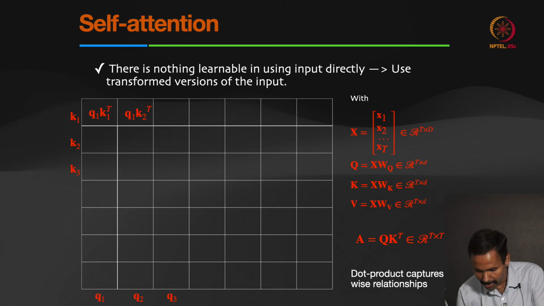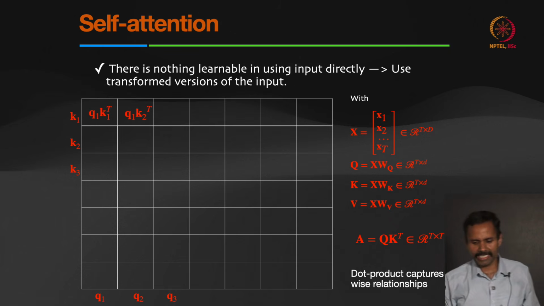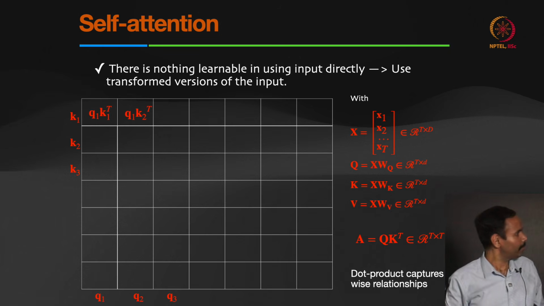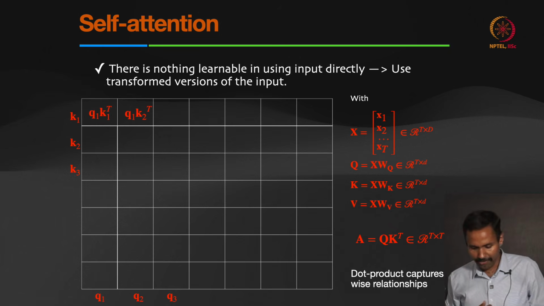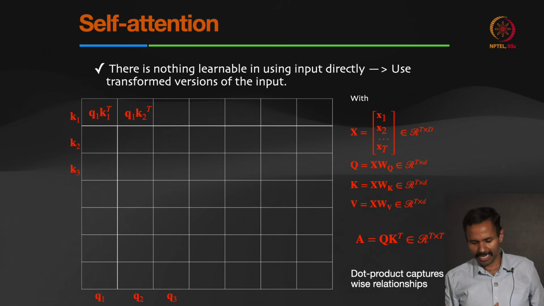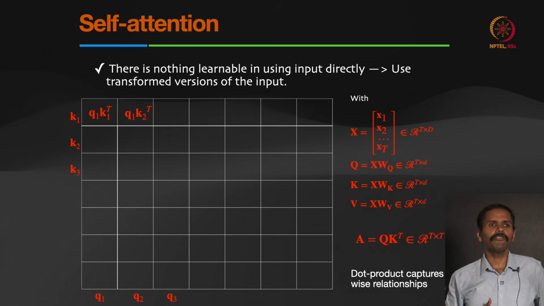So this, in matrix form A equal to Q times K transpose, in this field is called the dot product attention. It captures the pairwise relationships of transformed vectors.